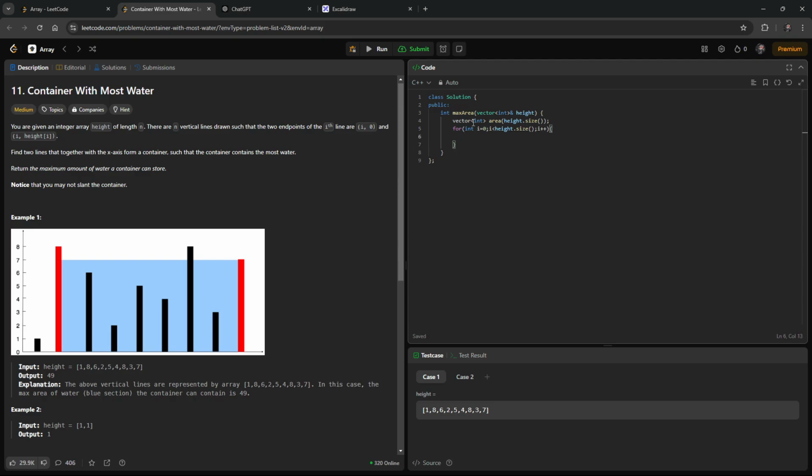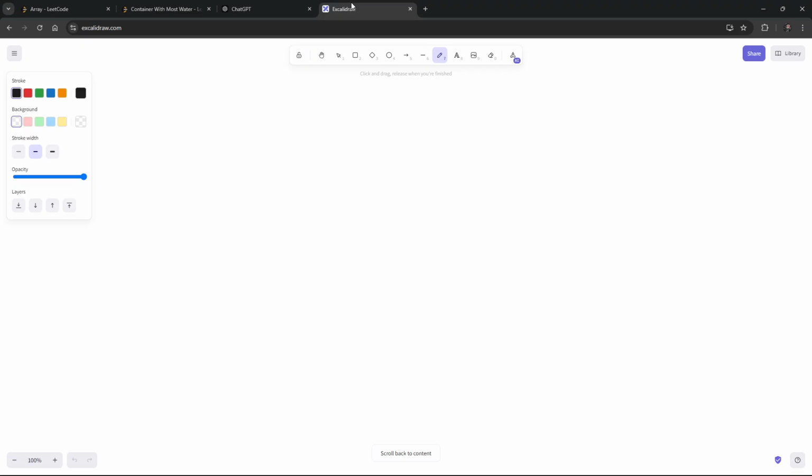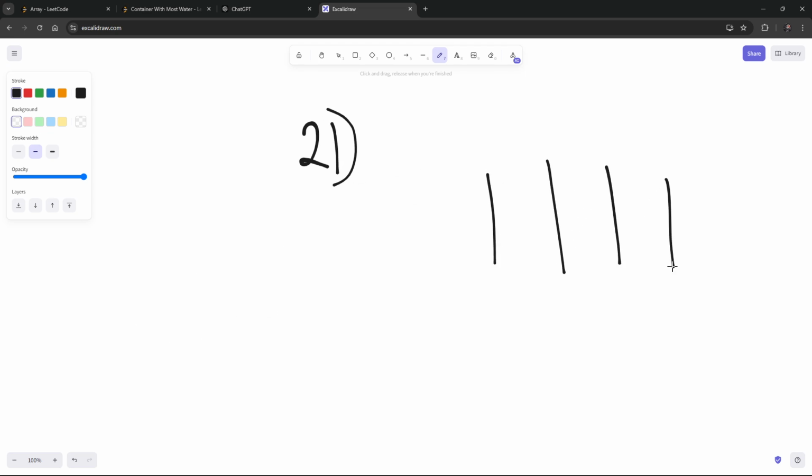Do I need another loop? Yeah, I need another loop. Actually, I need to make a two-dimensional array. So let me make a static array, which actually I'm trying to make a two-dimensional array because suppose we have four lines.